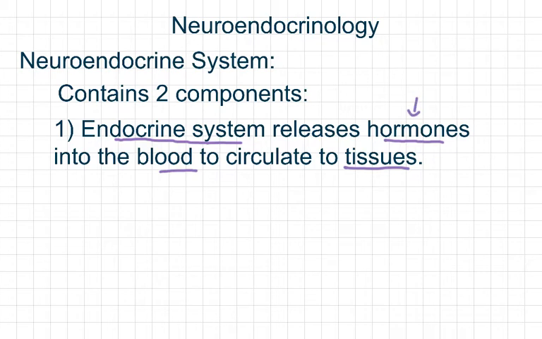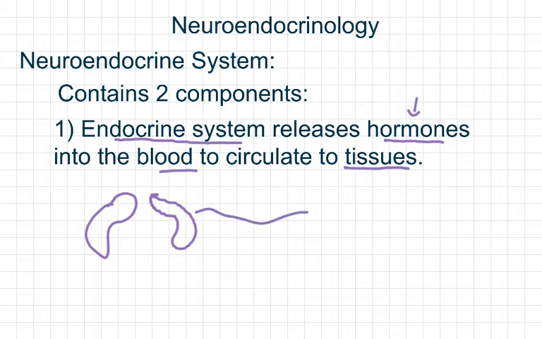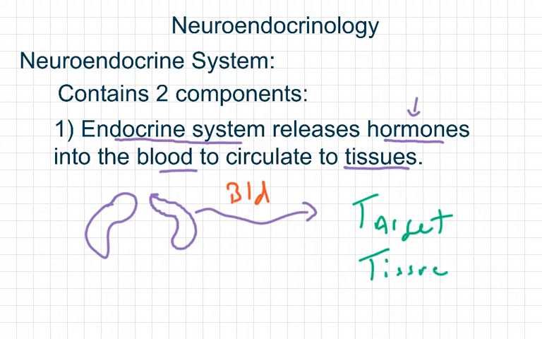The hormones are messengers that go from the endocrine gland, say the adrenals that are on top of the kidneys. They release catecholamines into the bloodstream to reach their target tissue. That's what we're saying with this definition.